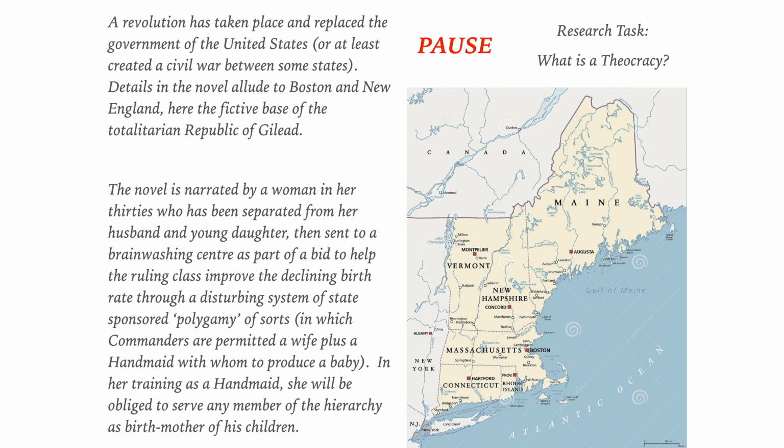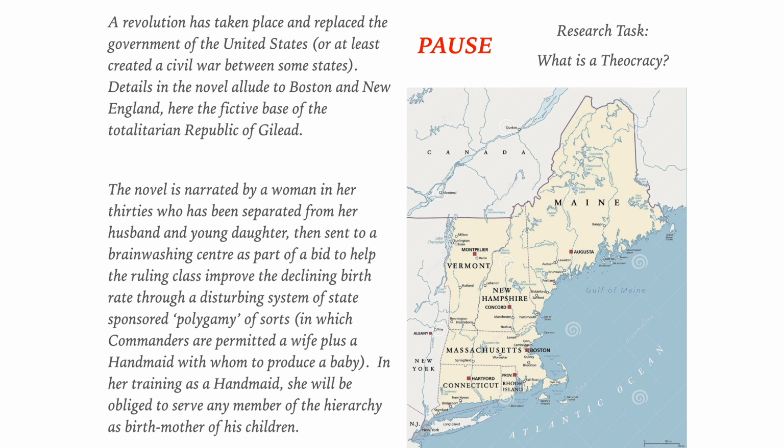A theocracy is a ruling group, usually dictatorial, usually a totalitarian regime, that rules unelected, not by democratic election, in the name of religion or God.